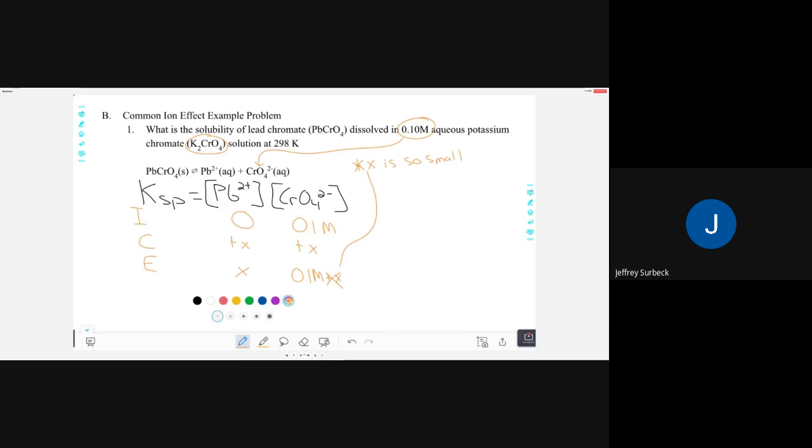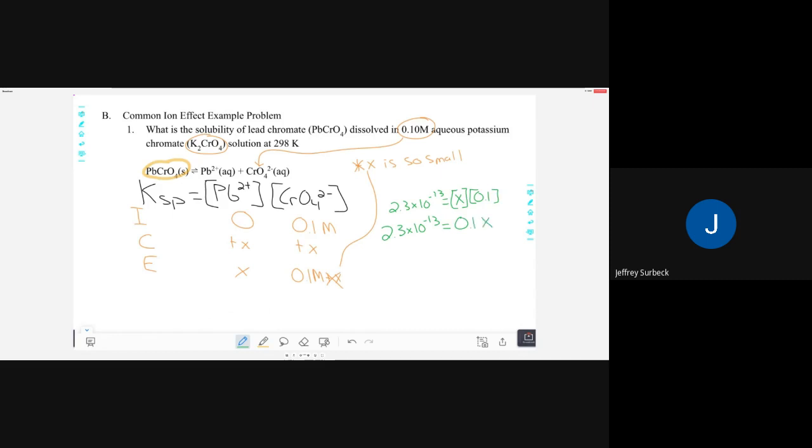Number 1, what is the KSP of PbCrO4? 2.3 times 10 to the negative 13 is equal to the lead, which I don't know how much, so we say x, times our 0.1. I'm just going to rewrite this: 2.3 times 10 to the negative 13th equals 0.1x.